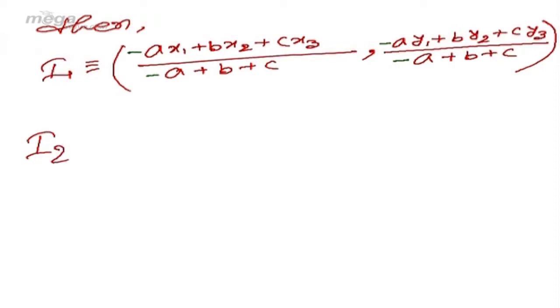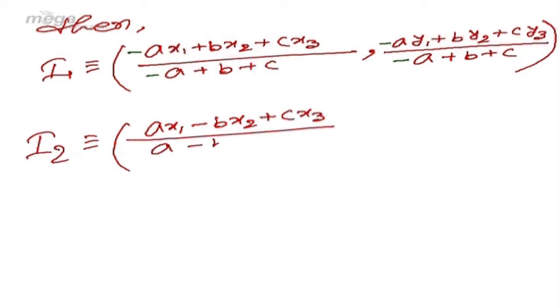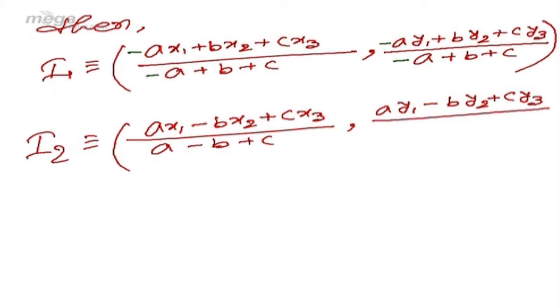Similarly, I2 is (ax1 minus bx2 plus cx3) divided by (a minus b plus c), comma, (ay1 minus by2 plus cy3) divided by (a minus b plus c).